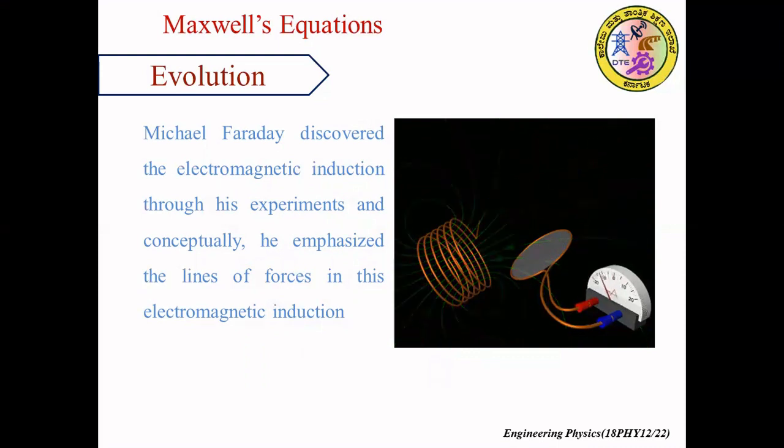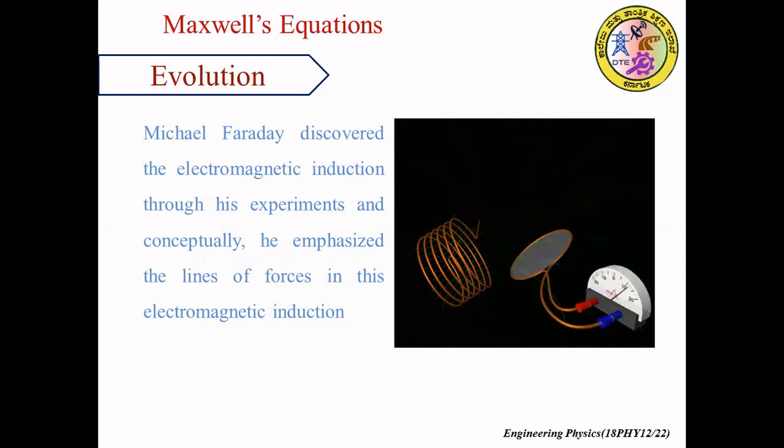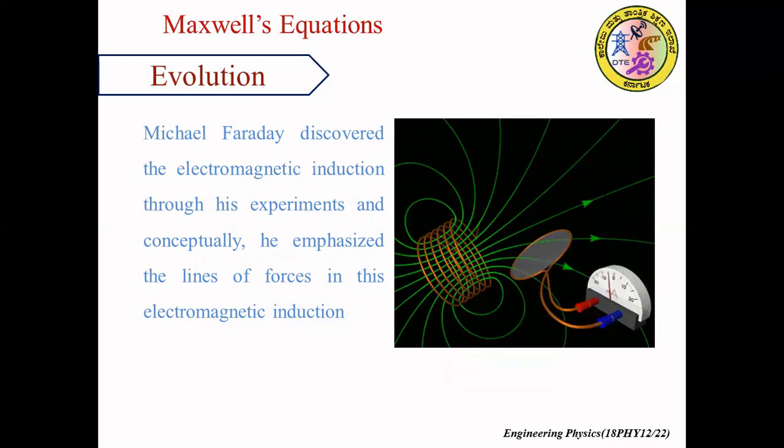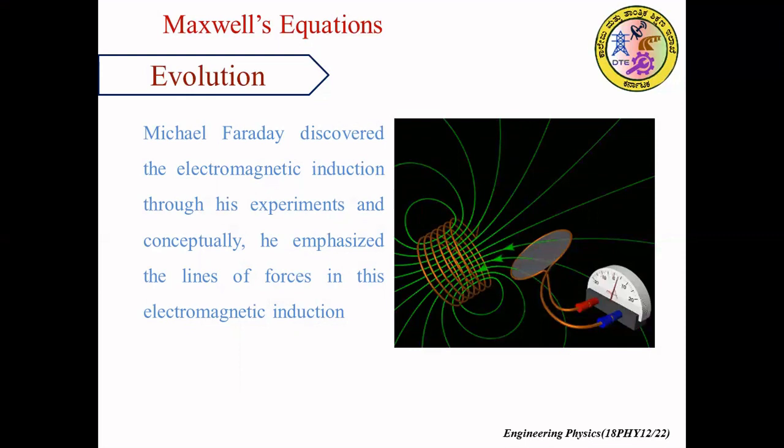Here we have a coil which is carrying current and generating a magnetic field. The magnetic field is shown by the green lines here. That is the magnetic field lines. These magnetic lines of force, when intercepted by a coil which is connected to an ammeter, the EMF is set up in the coil and that drives the current.